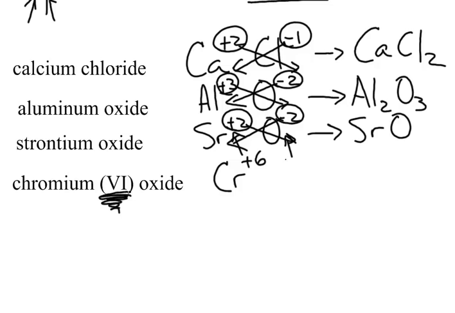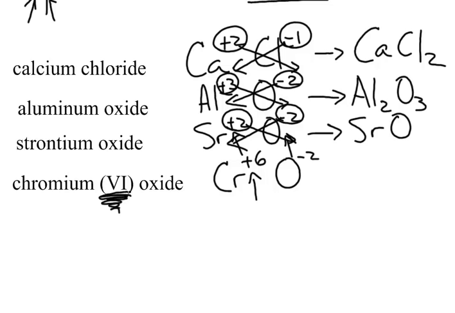All right, now the oxygen, as you recall from up above, is -2. Well, if chromium is going to give up 6 electrons, and each oxygen can only accept 2 electrons, that means, of course, that we're going to need three oxygens to accept those 6 electrons.